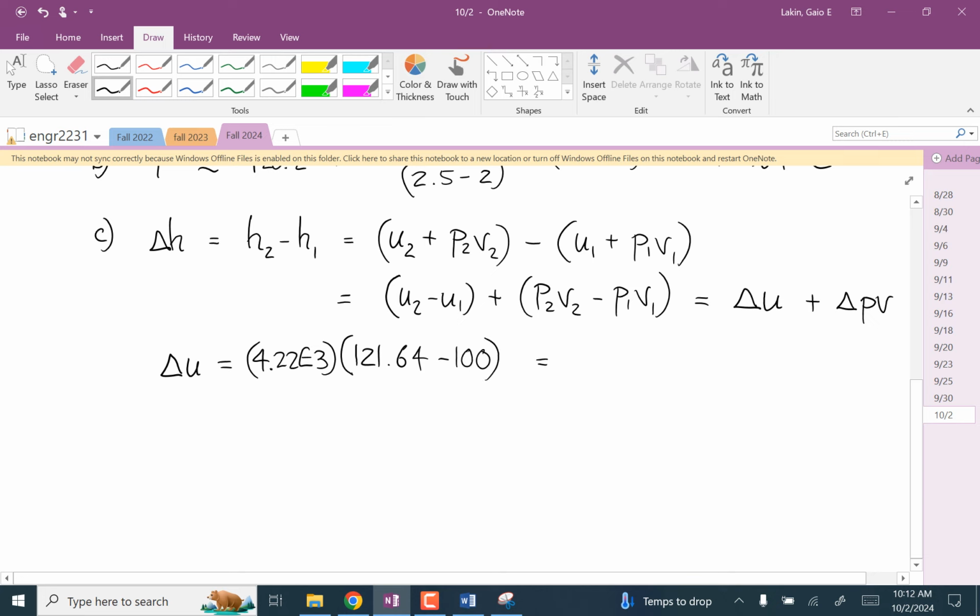And so the change in specific internal energy is 91,320.8 joules per kilogram.